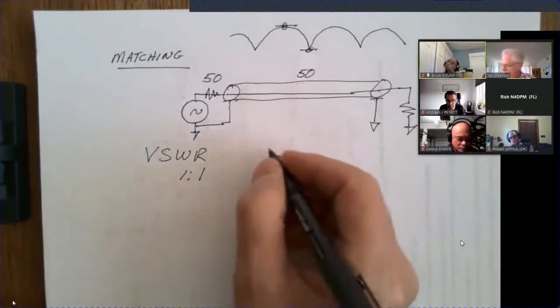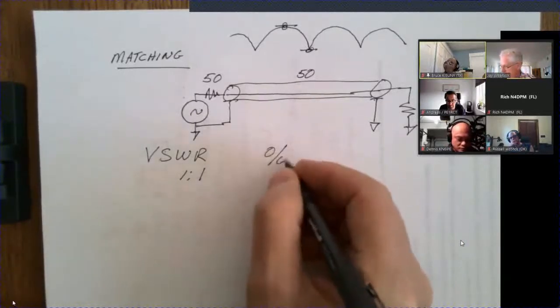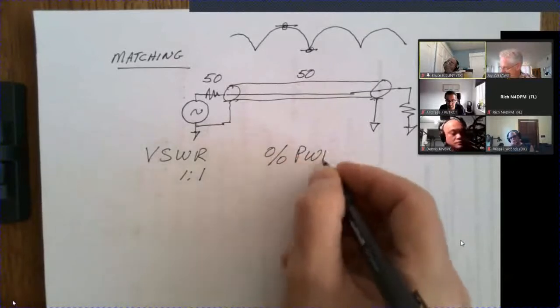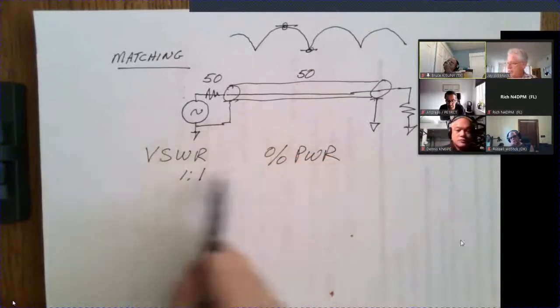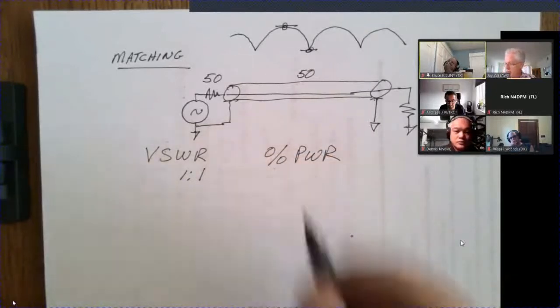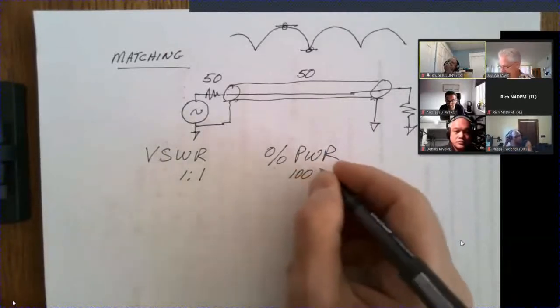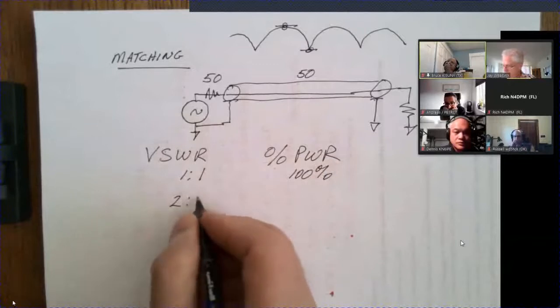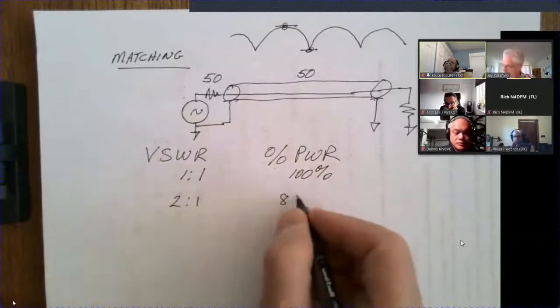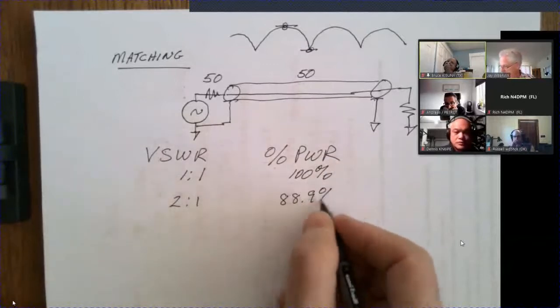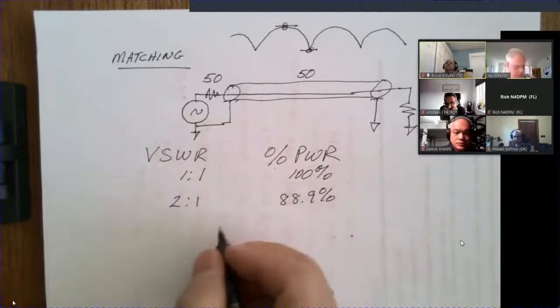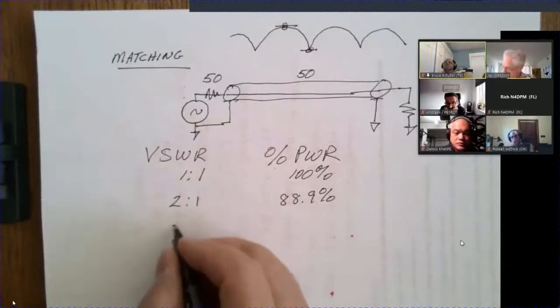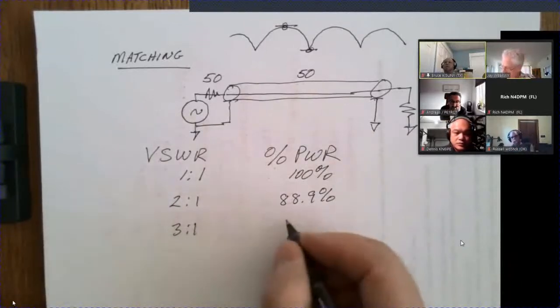So if we looked at the VSWR and looked at what is the percentage power delivered to the load, well, in the case of 1-to-1, it's 100%. In the case of 2-to-1, it's 88.9%, which is pretty good. 3-to-1, you're starting to really get hurt here.